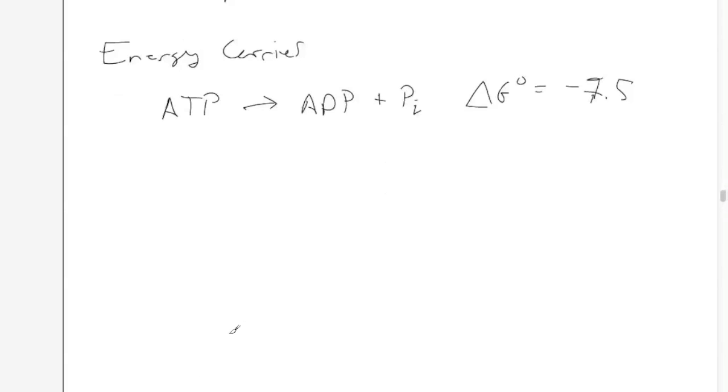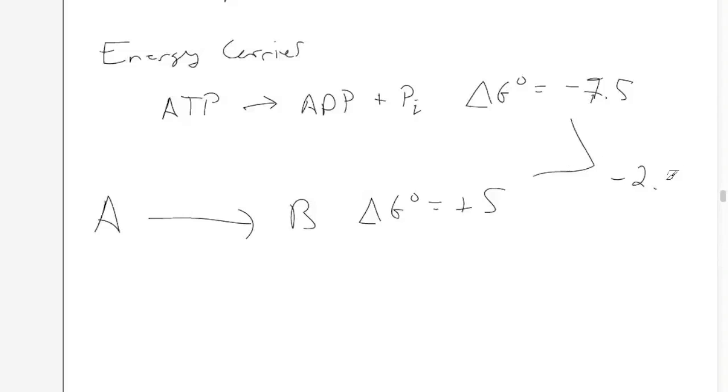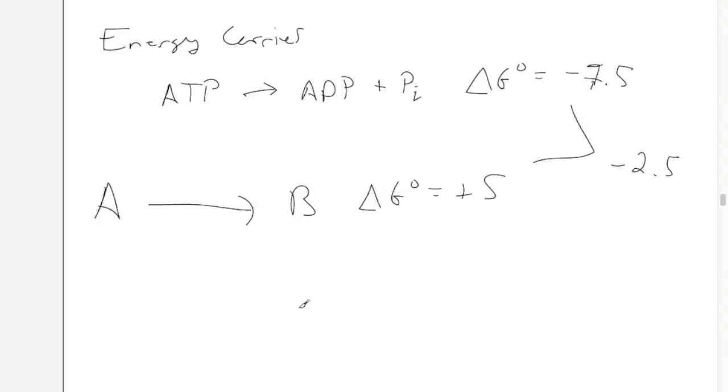So what can happen is, if we want to go from A to B, which has a delta G of positive 5, we can couple A to B to the hydrolysis of ATP, which releases a delta G of negative 7.5. If you take the sum of these two, you'll get a negative 2.5. Therefore, you'll make this reaction favorable.